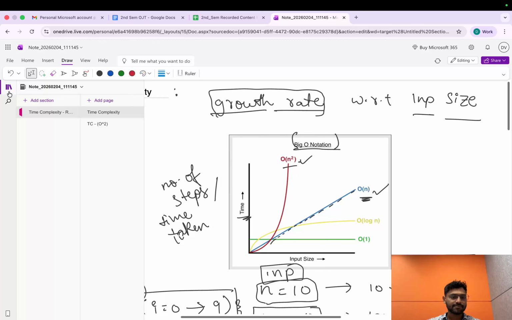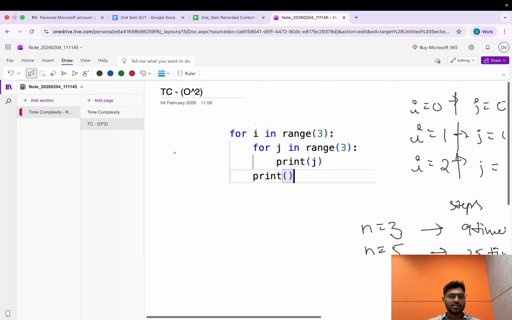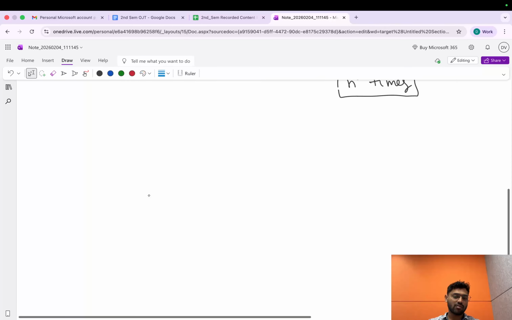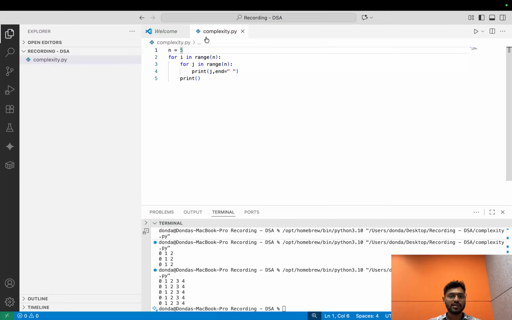So if you have really understood this, please tell the complexity of this problem. For I in range 3, for I in range 2, what is the complexity of this?